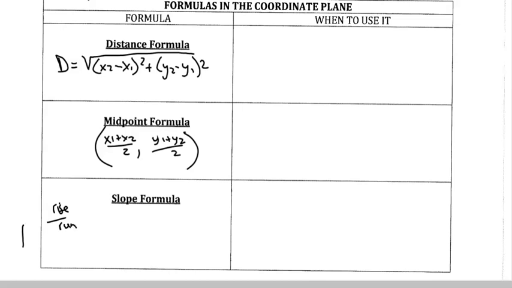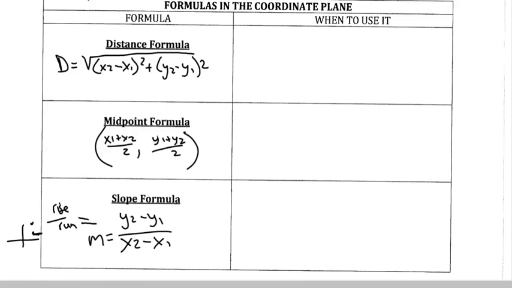Is rise a change of y or a change of x? Change of y. So it's the y from the second point minus the y from the first, over run, which is a change of x: x from the second point minus x from the first. That's what your slope is. Now you're going to have to think back to Algebra 1 for some of these things.